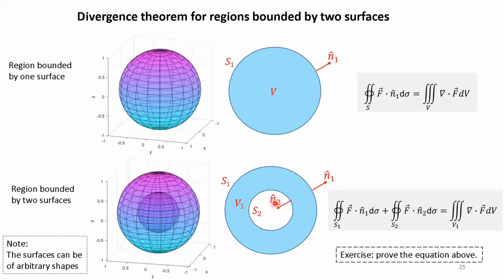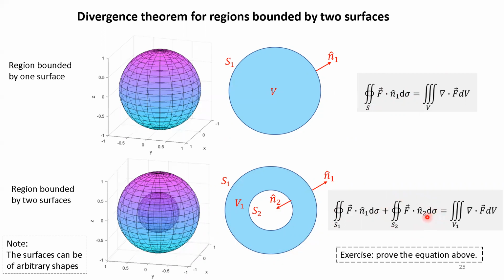And in this case, the flux that we consider will consist of two terms now. Again, the first term here is the flux through the outer surface, so the air that gets into the outer space. And then now we have a second term here, which is also a flux integral.